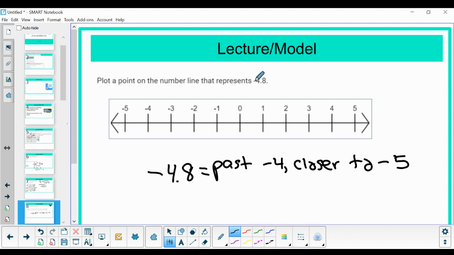If you think about it, 4.8 would be close to 5, so negative 4.8 would probably be somewhere around here. Because again, negative 4.8, it's past negative 4, and 8/10 is pretty close to negative 5. It's like you spent almost $5. All right, let's move on.